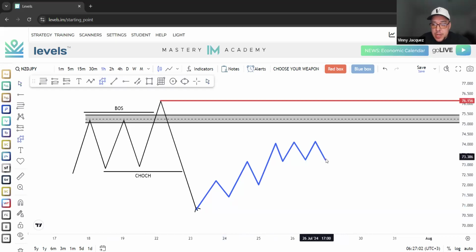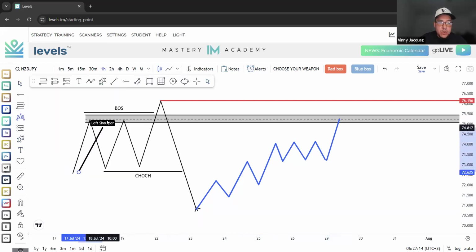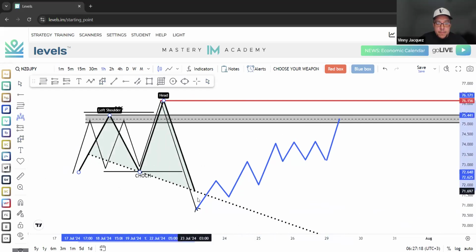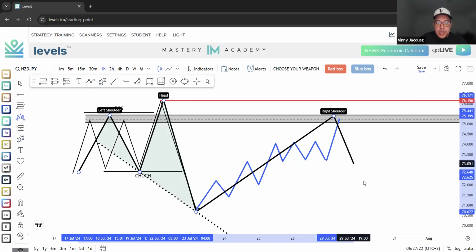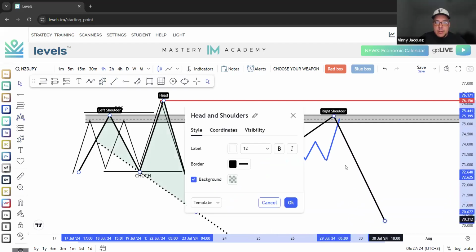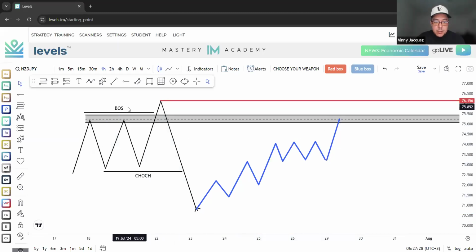But as soon as we touch this right shoulder right here, it's now complete. The market comes back to the right shoulder, it is complete now. Does that make sense? As soon as it comes back to this right shoulder, it's complete.